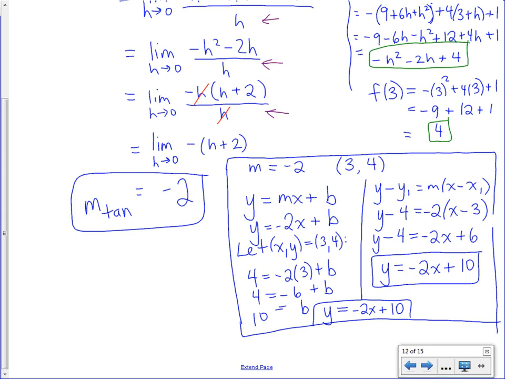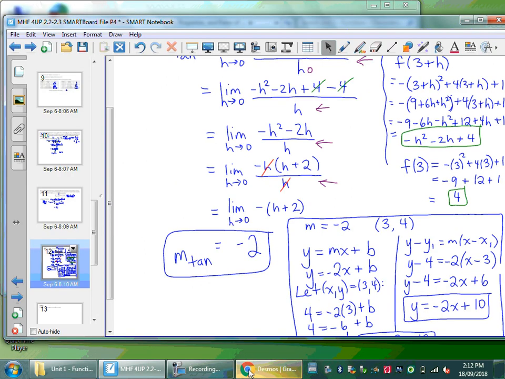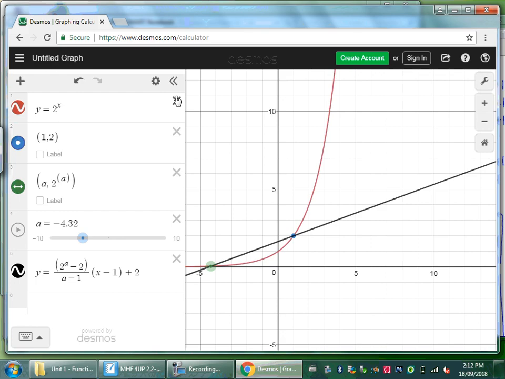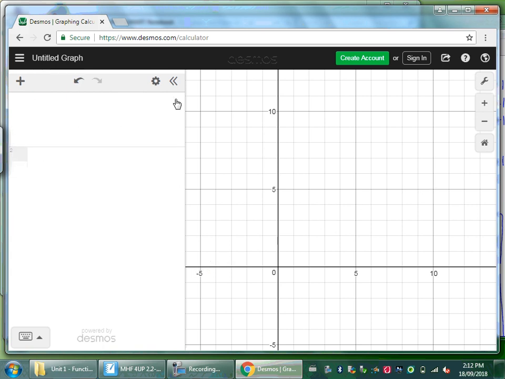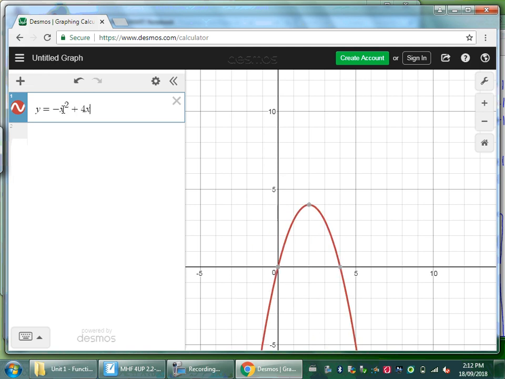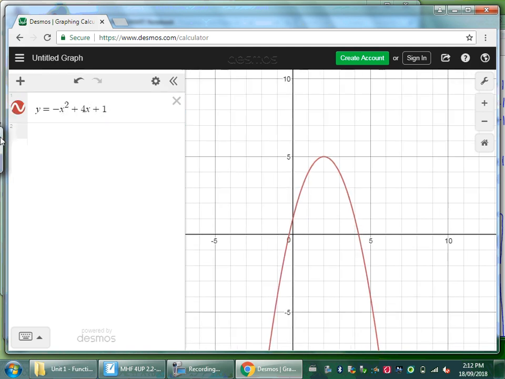So just to illustrate this, let's go to Desmos one more time for today. We had y equals negative x squared plus 4x plus 1. Is that our function, guys? And then we had that the point of tangency was 3, 4.